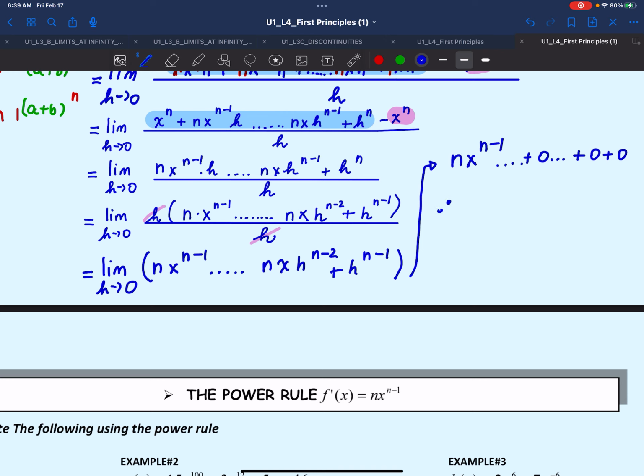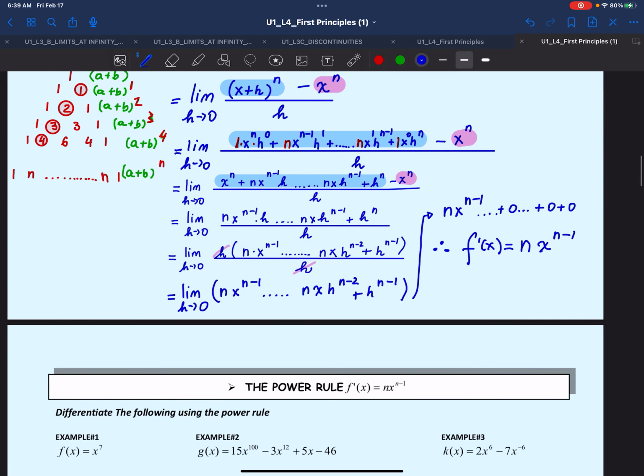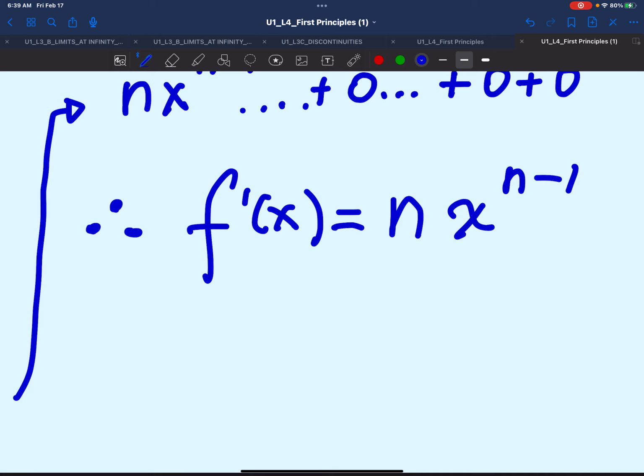So therefore, we're going to say that this limit here will simply be n times x to the power of n minus 1. Or in other words, we'll say that f prime of x equals n times x to the power of n minus 1.